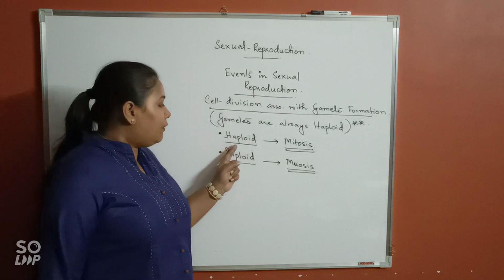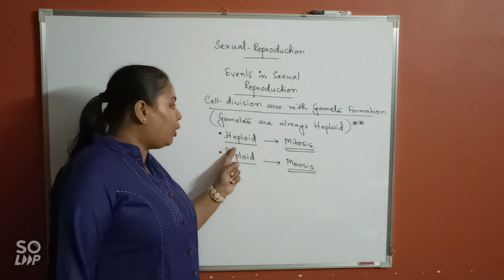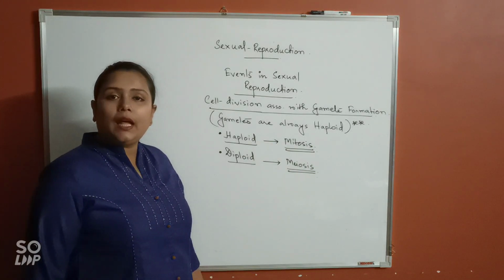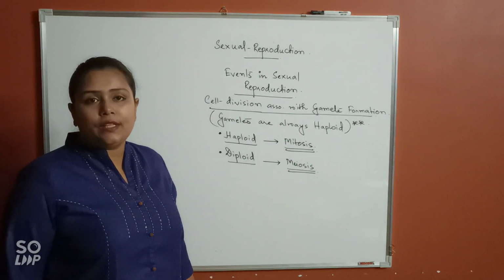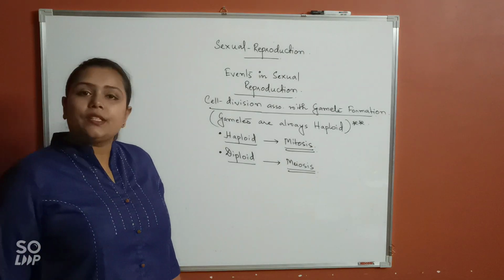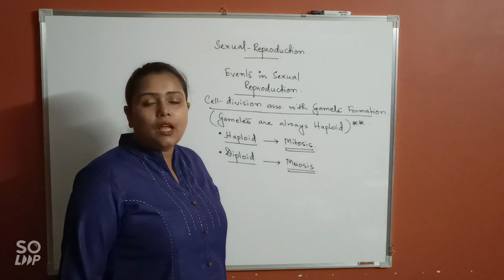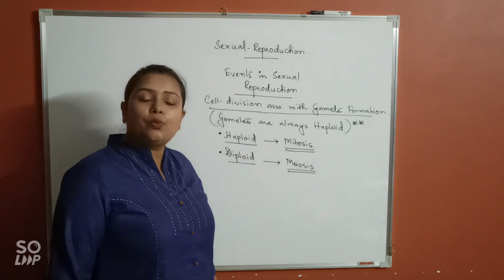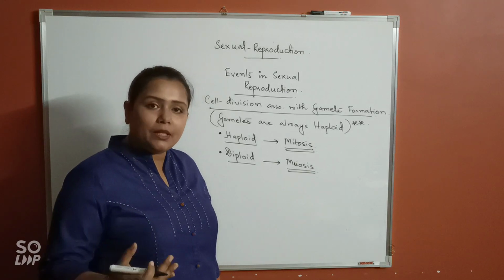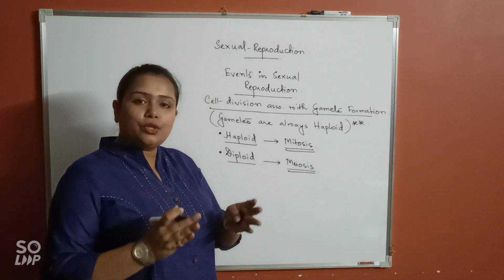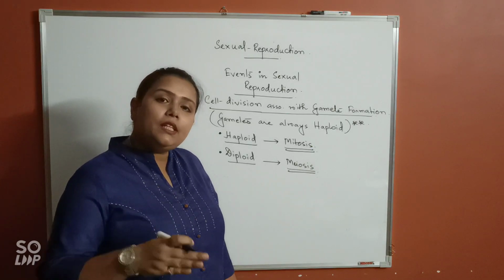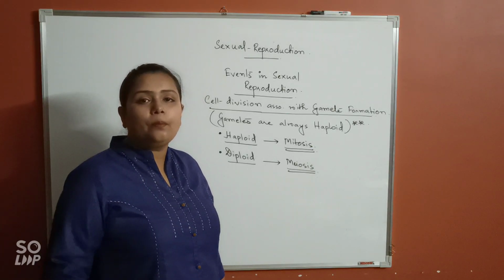Now, if haploid organisms are producing gametes by mitosis, don't haploid organisms ever undergo meiosis in their life cycle? The answer is yes, they do undergo meiosis. But what they actually do is undergo mitosis to produce gametes. Those gametes will then fuse together and give rise to a diploid zygote. The zygote immediately after formation will undergo meiosis.